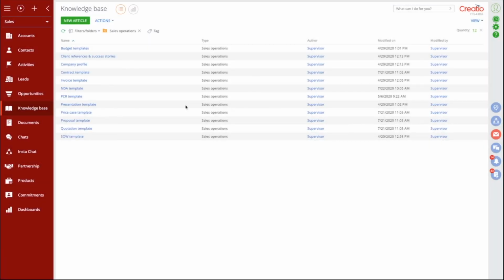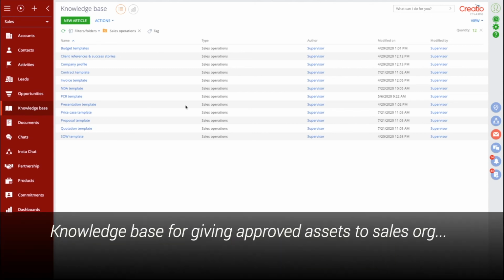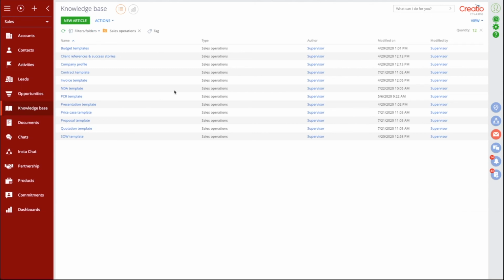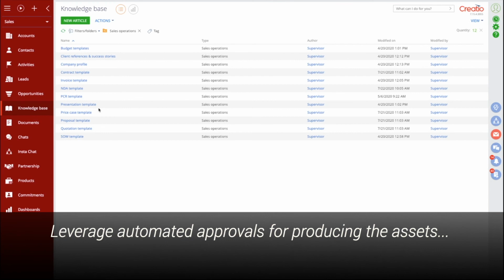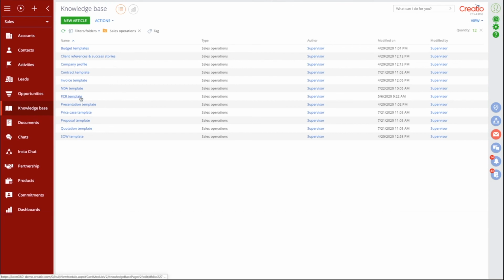We have emphasized that solution selling is document-centric. Here, what we see is the knowledge base. The knowledge base is embedded within the Creatio platform. What we can do is create sets of documents from different parts of our organization so that our sales producers, our pursuit teams, our RFP response teams have all of the most current approved templates available to them for their pursuits.